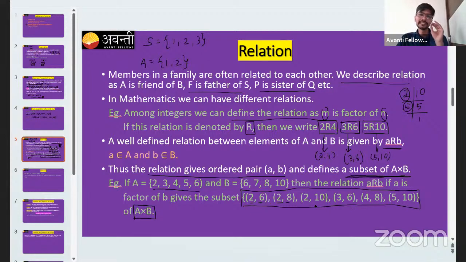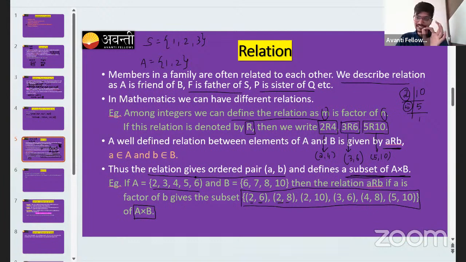I'll give you 10 to 20 seconds to visualize if these 6 elements come in the 20 elements of the Cartesian product. Everyone please see on the screen and just try to visualize. Okay, let me show you, you just have to imagine.